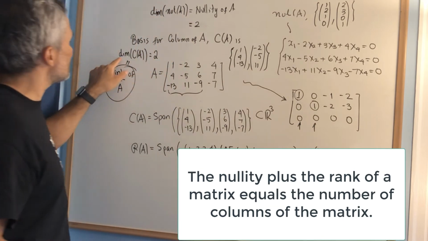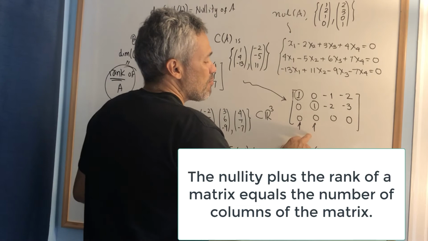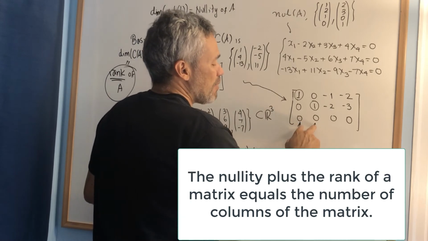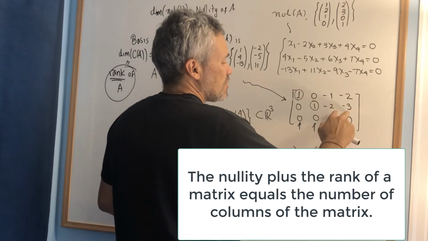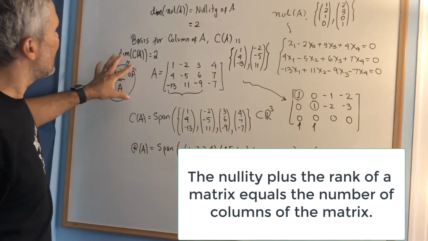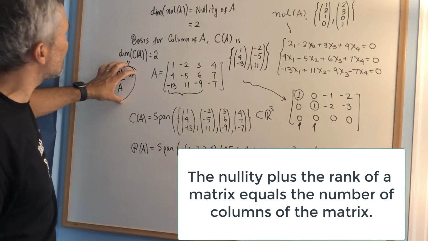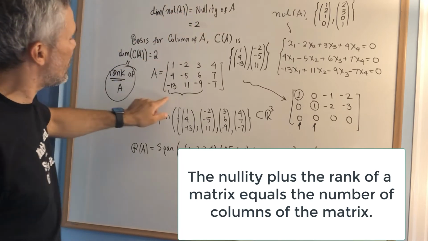That means that the dimension of the column of A, which is called the rank of A, is the number of columns with a pivot. The nullity is the number of columns that don't have a pivot. And therefore, the rank of a matrix plus the nullity of a matrix is equal to the number of columns.